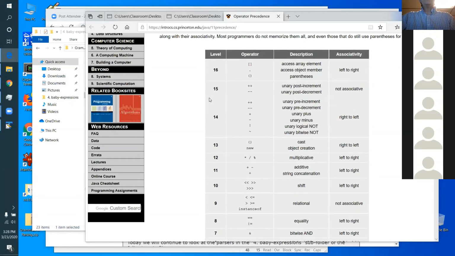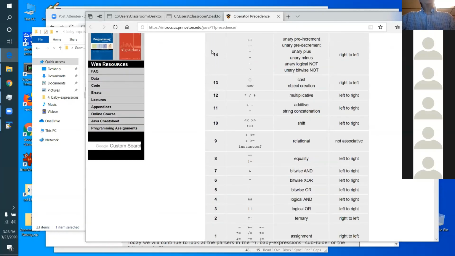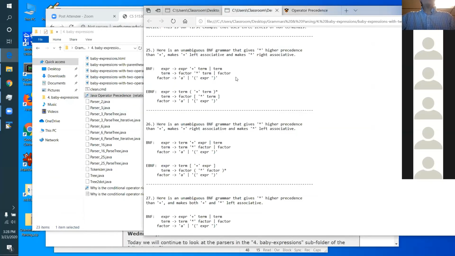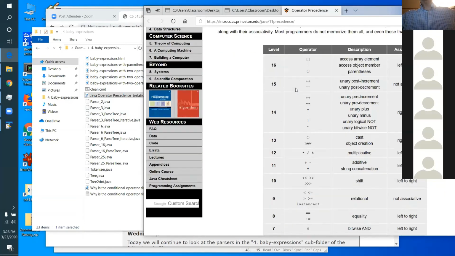So you can imagine what the grammar for this looks like. The grammar for an expression will have to have 17 different things because you have terms and factors. I don't even know what words they cook up to explain it, because they're defining the grammar of an expression and they have to have 17 levels of precedence, so 17 different productions for all this.